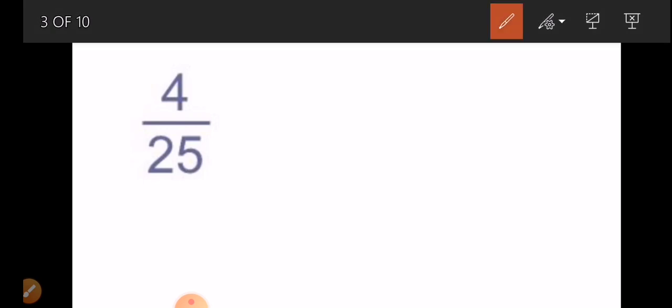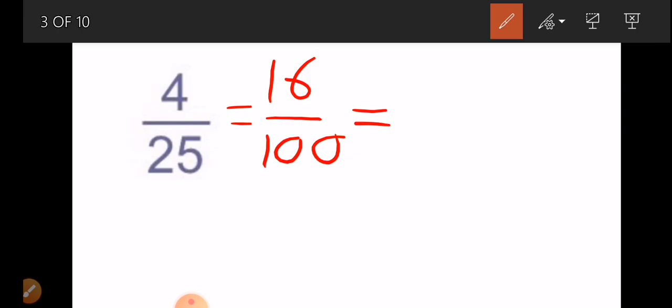Here I have 25 down. This 25 can be a 100 by multiplying by 4. So I can multiply my fraction by 4 up and down to find the equal fraction with 100 down. Multiplying by 4 up and down gives me 16 over 100, which is 0.16.